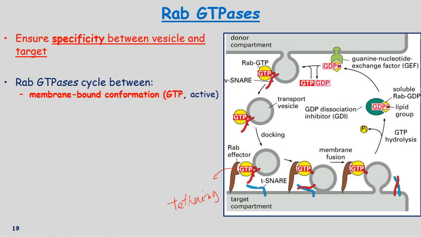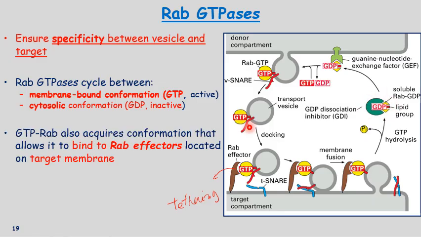Okay, so here, what is happening? You're going to have your active form of Rab that was activated from the soluble form. Okay, then you're going to find your Rab effector, and you're going to bring this vesicle close to the membrane, and get your snare business going on over there.